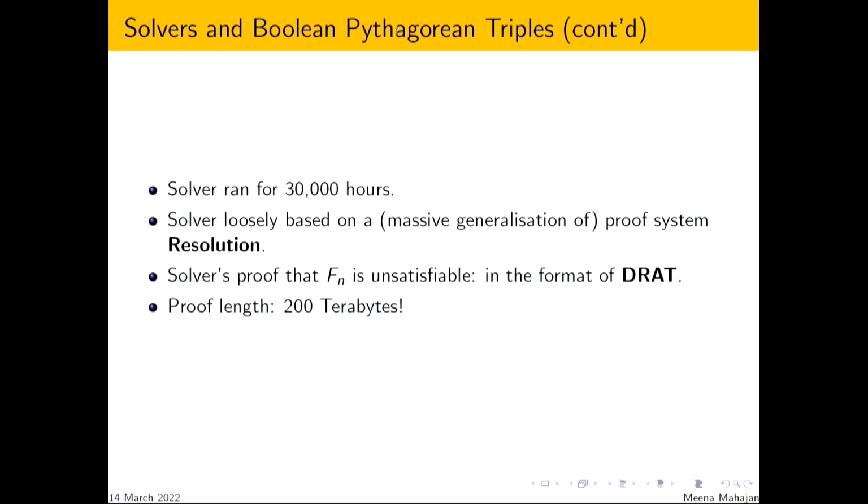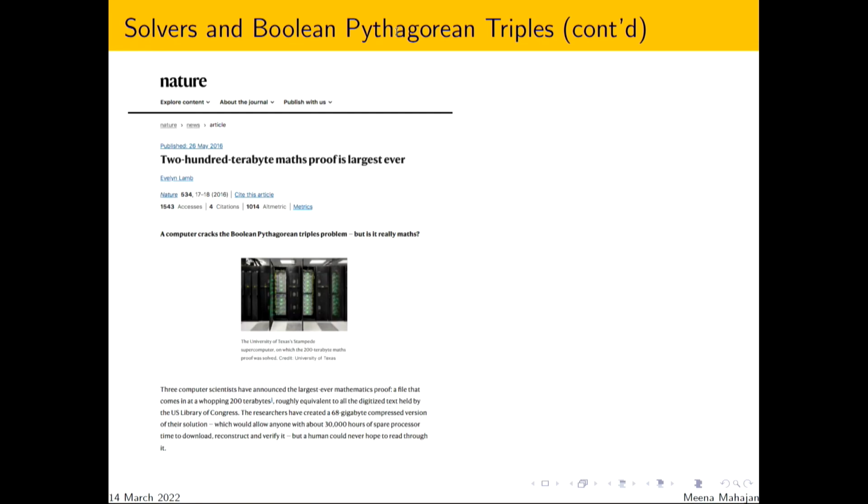And the solver is loosely based on a proof system, resolution. And it spat out, as I said, a proof in the format DRAT, which is currently the most commonly used format. The proof length was 200 terabytes. So this was only in 2016, and in Nature there was an article which started "200 terabyte math proof is the largest ever", and the caption says, "No, is this really math?" So exactly the same question that was asked about the planar four-color theorem was asked here too.